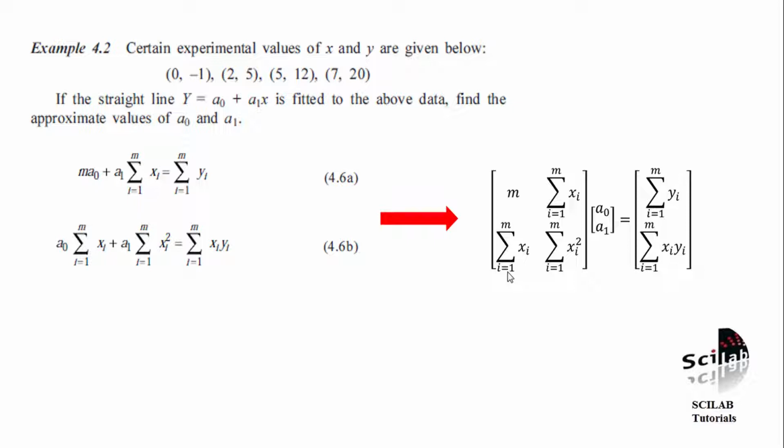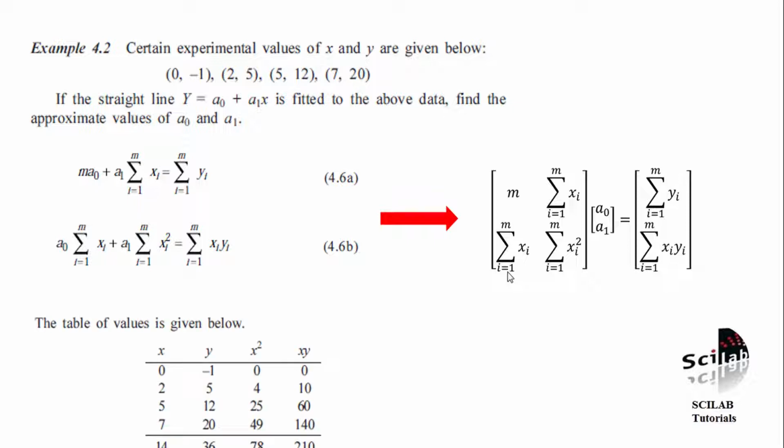For the given problem, we can tabulate the values as follows: summation xi is 14, summation yi is 36, summation xi square is 78, and summation xi yi is 210.